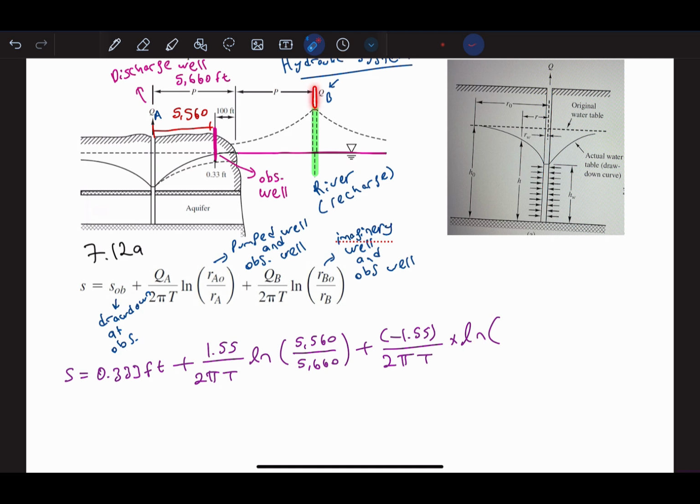RBO is the distance from this imaginary well to observation. So this time we will have 5,660 from the discharge well to the point of interest, and we have an additional 100 feet to reach this observation well. So it will be 5,760. And this will be the same because it is the distance from the imaginary well to the point of interest.